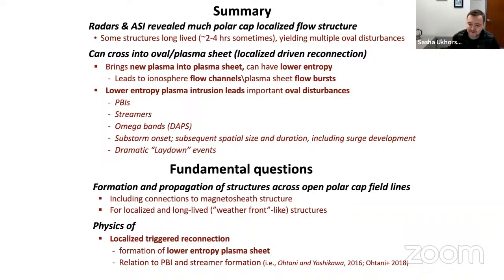Mike Shumko, go ahead. Yeah, a very quick hypothetical, or simple question, to follow up on Vincent's. Coming at this from an MMS perspective, do you see those polar cap flows in the lobes at MMS?